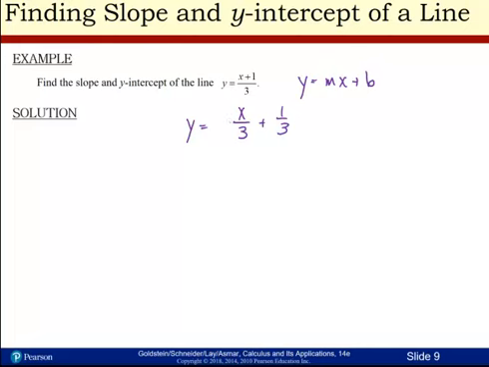Furthermore, we can look at our very first term, this x over 3, and rewrite it as 1/3 x plus 1/3. This gives us a slope of 1/3 and a y-intercept of 1/3. That's cool. They both ended up being the same. It doesn't have to be that way, but this is a coincidence for this one.